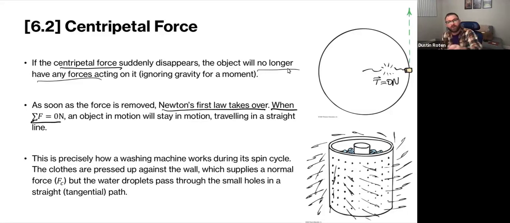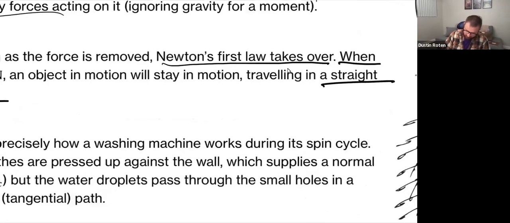An object in motion will stay in motion, traveling in a straight line. You remember that from Newton's first law. Anything that's already moving will continue moving at the same speed and same direction. Same speed, same direction.